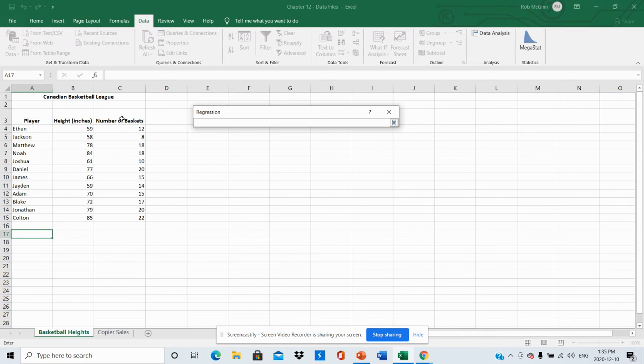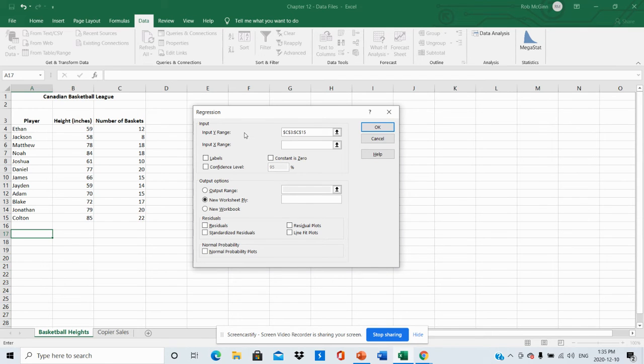We're going to grab number of baskets and all that data. We can keep our labels there. Once we've done that, it's all selected. We go back to the little arrow, press that again. It'll bring us to our dialog box. Perfect. We should now see C3 through C15 was selected.